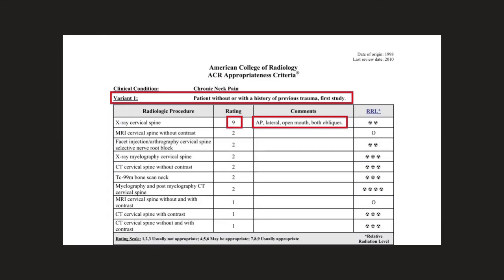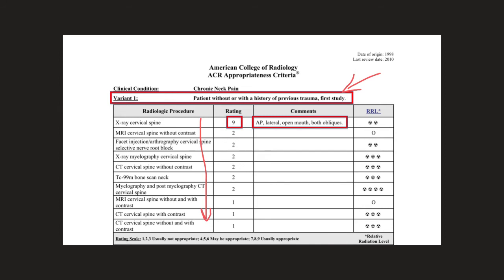And here is what I would see if I looked under the clinical condition chronic neck pain from one of the neuro appropriateness criteria, and it's going to give you a variety of different things. It's going to give you a bunch of different variants of chronic neck pain. If you scroll down, you'll see there's variants 2 through 5 for this particular clinical scenario. It's going to give you the different radiological procedures in decreasing order of appropriateness.